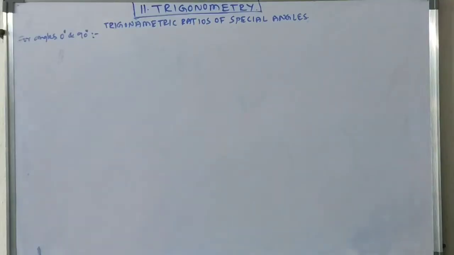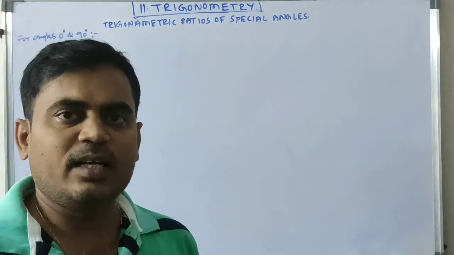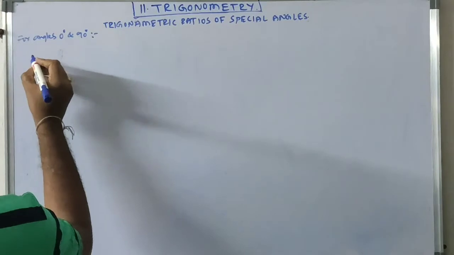Now the trigonometric ratios for angles 0 degrees and 90 degrees. First I am taking a right angle triangle.